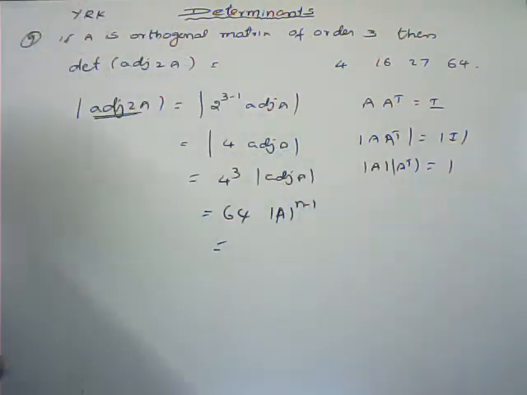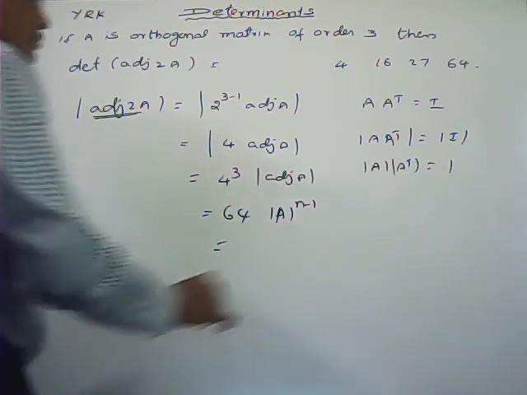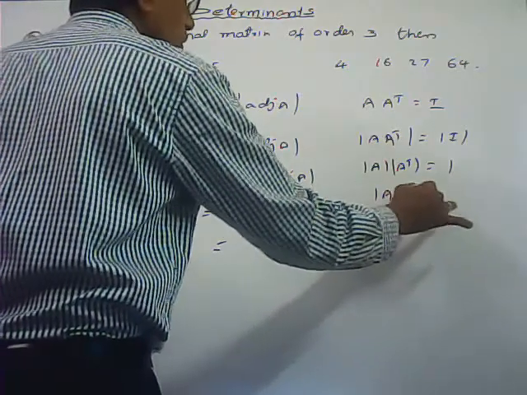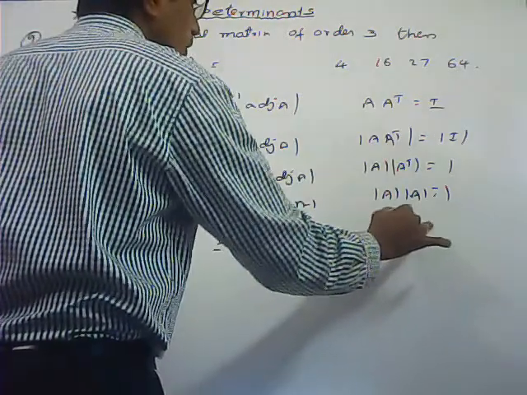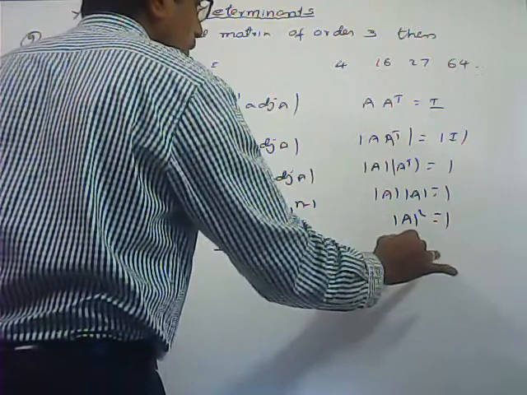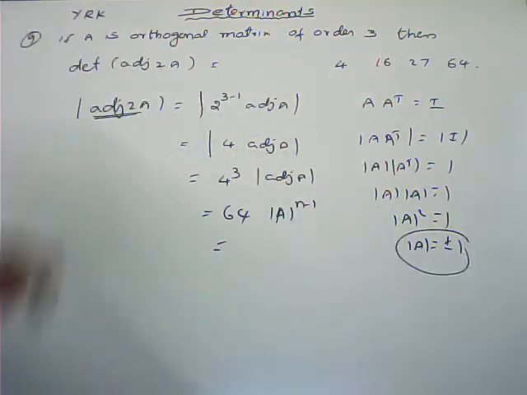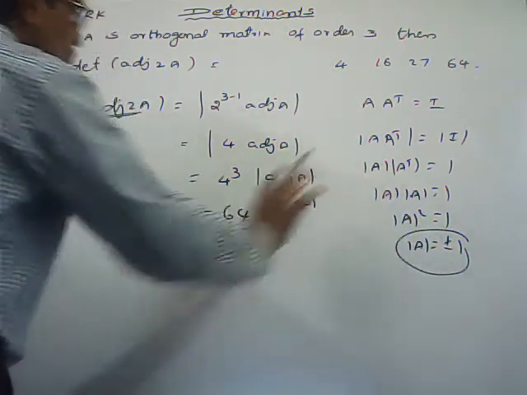The determinant of unit matrix is always 1. Here det of A transpose equals det A only, that is equals to 1. So det A whole square is equals to 1. Det A is equals to plus or minus 1. If A is the orthogonal matrix, its determinant is equals to either plus or minus 1.